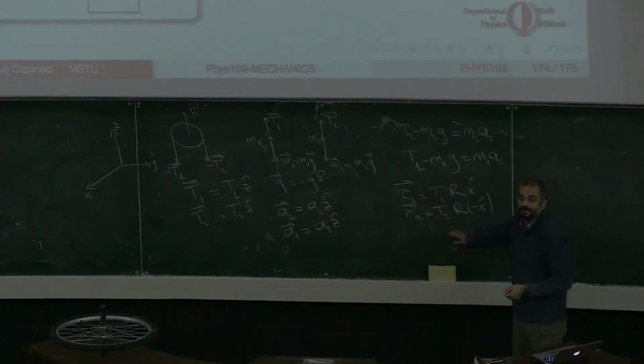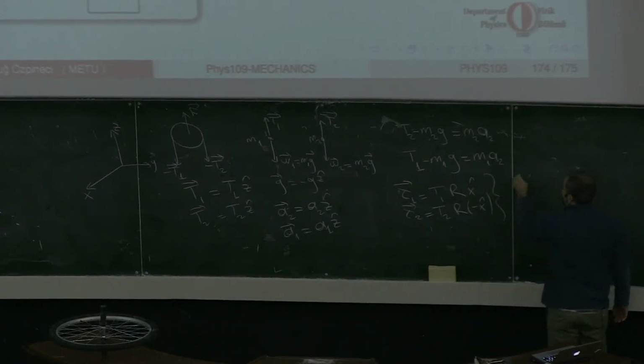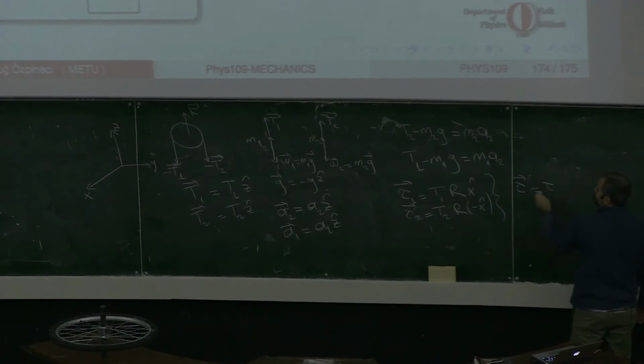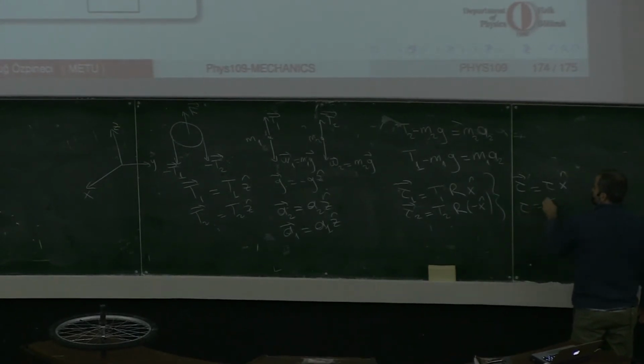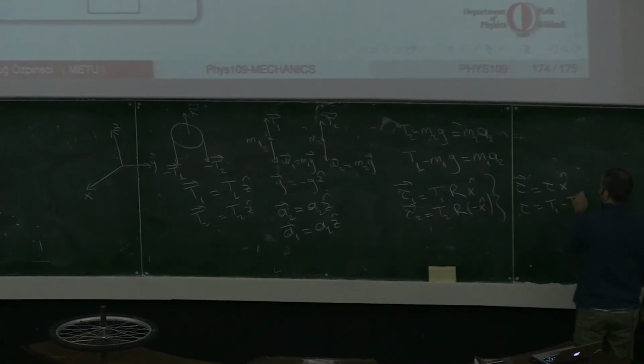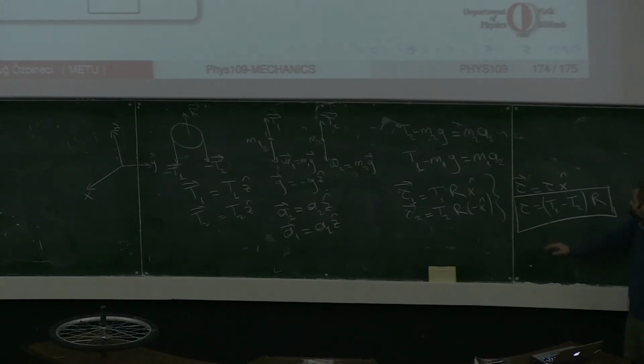This is the tau 2 vector. So this tells me that the net torque acting on my system, if I write it as tau in the x-hat direction, tau is equal to T1 minus T2 times r. So this is the net torque acting on the pulley.